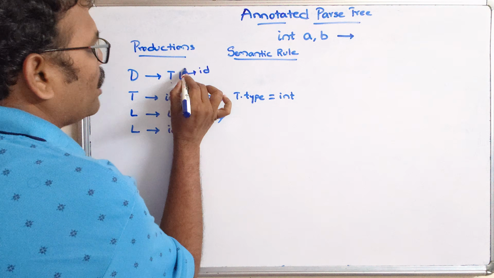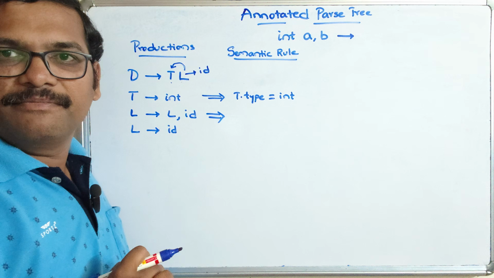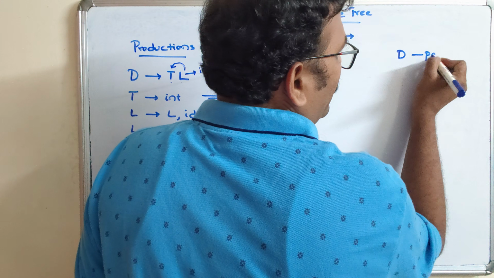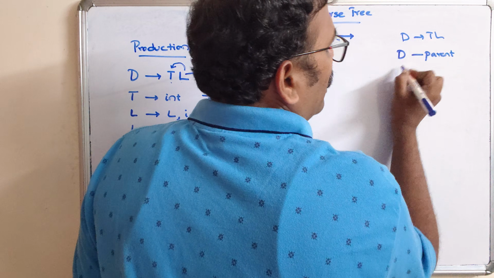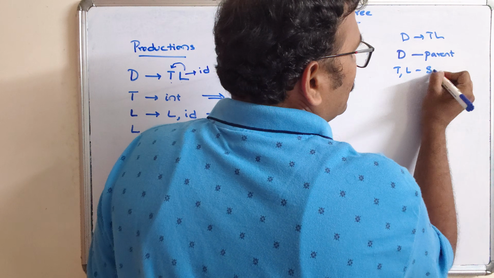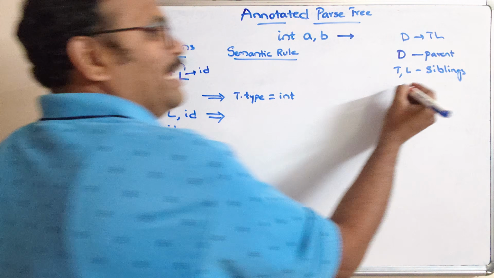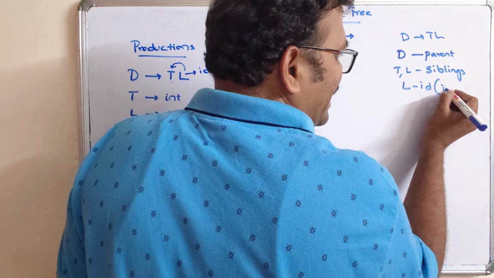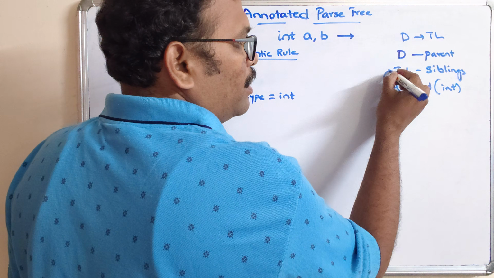So this completely depends upon the siblings. Here D is the parent, D tends to T L, and T and L are siblings. L is an id, so L is of integer type, so L completely depends upon T.